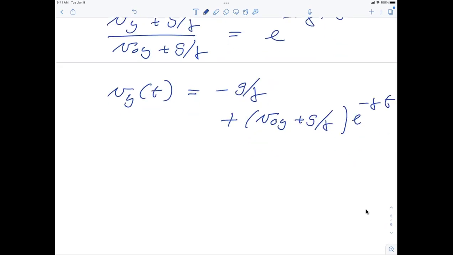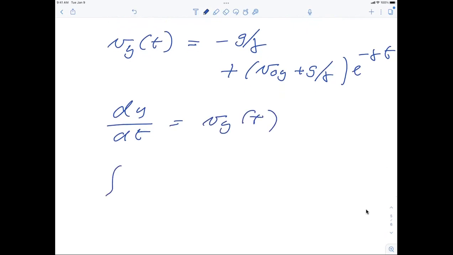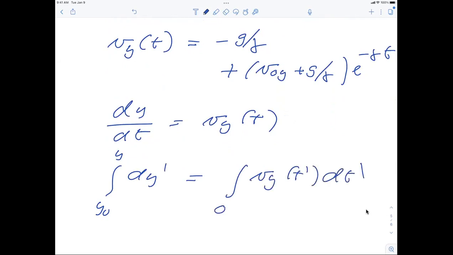So the solution then, if I now look at the next step, which is dy dt equal to vy of t, I would now integrate up again. So I would get y0 up to the final y dy, and that will be equal to the integral of vy of t dt from 0 to the final time t. And now I'm just going to be horribly lazy. I'm just going to give you the answer, because again, there's not so much insight in solving an integral.